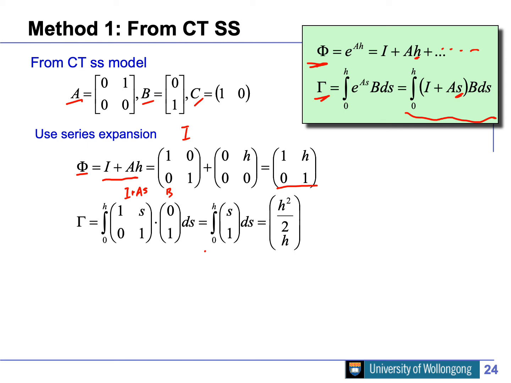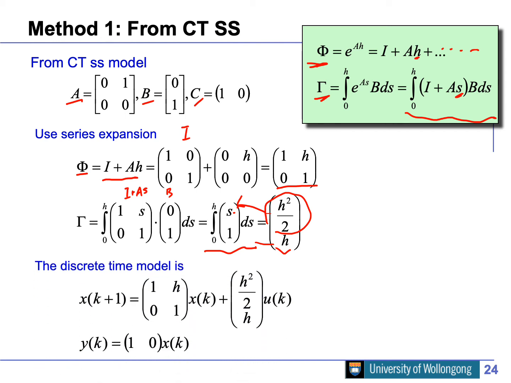You get this, and basically we just integrate each one of them. So for S, integrating from 0 to H, you get half of H squared, and for 1, you integrate and you get H. Okay, so you get phi and gamma from this.